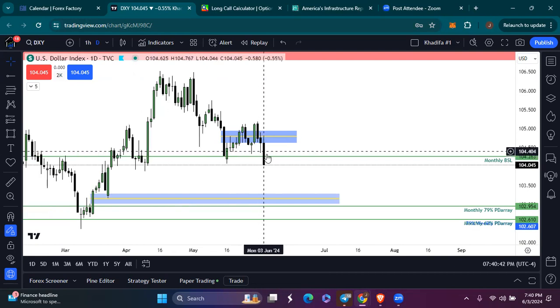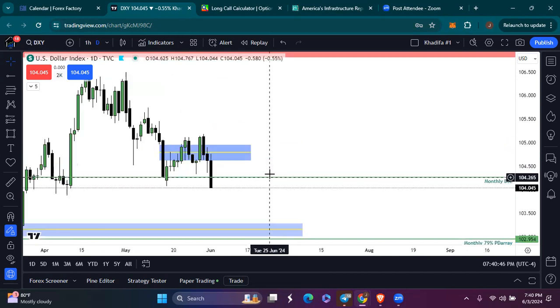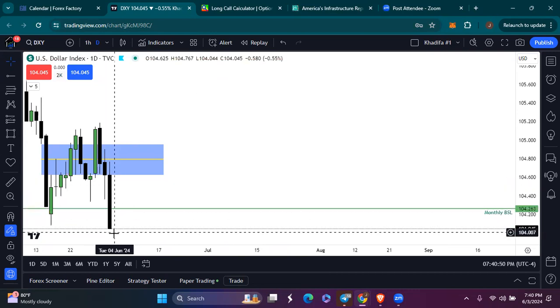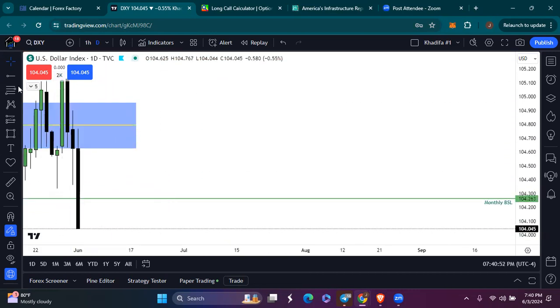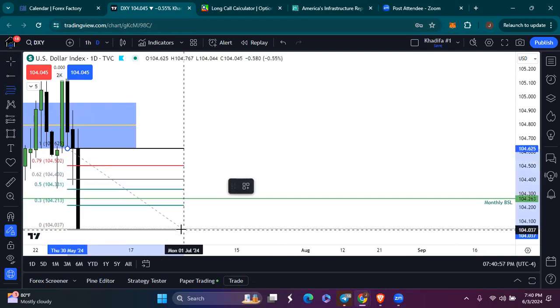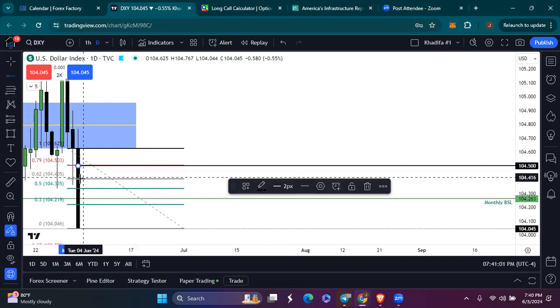For Tuesday, we could very well see price pull back up into a premium of today's price action for the dollar, which would be in this area.